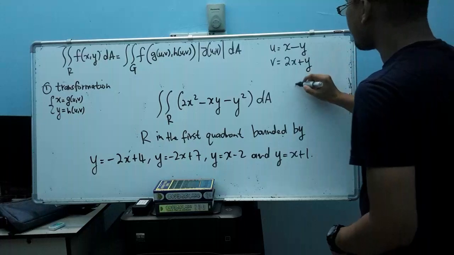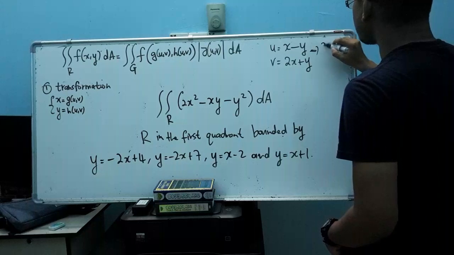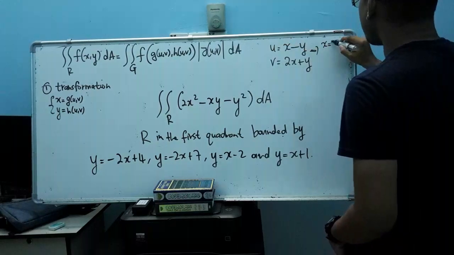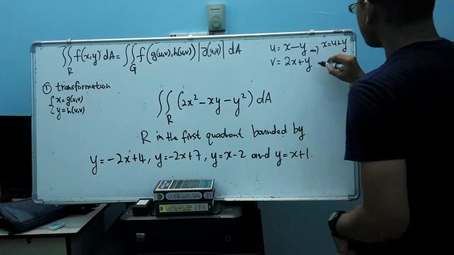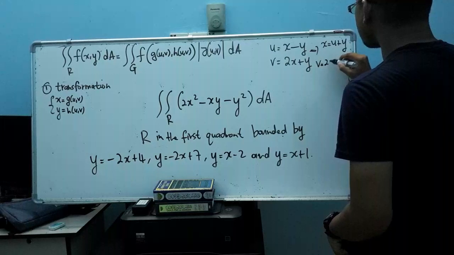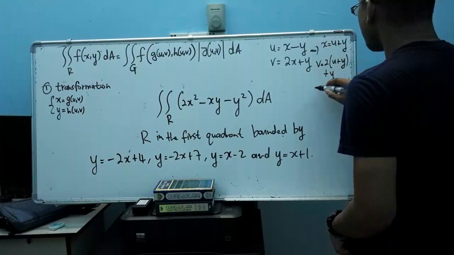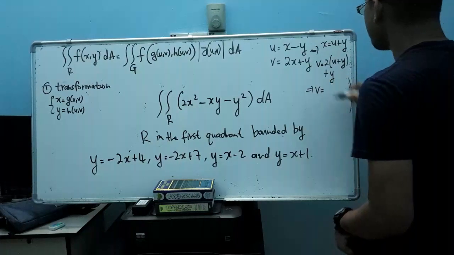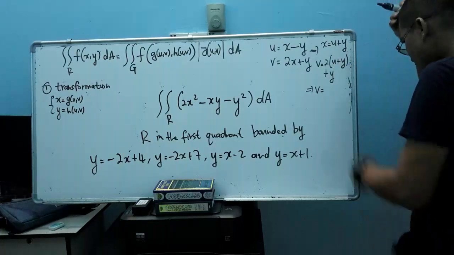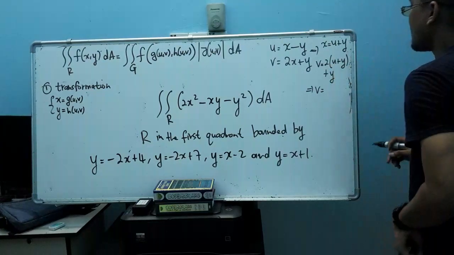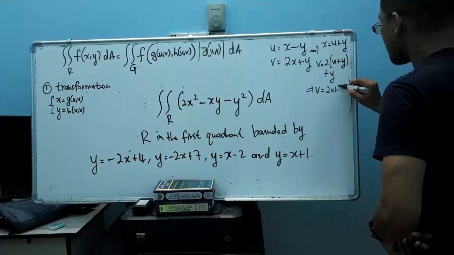From here, for example, x is equal to u plus y. I substitute this one, so I have v equal to 2u plus y, and then plus y. Therefore v is equal to 2u plus 2y plus y, so I have 2u plus 3y.